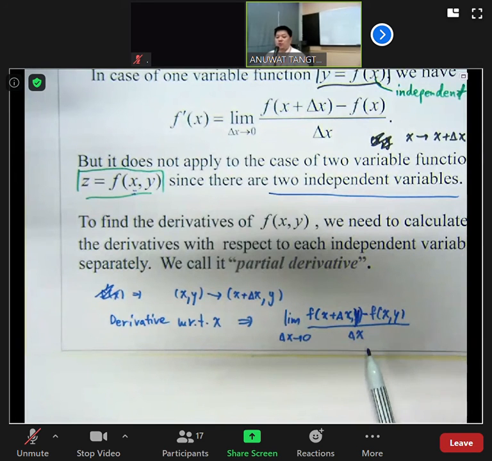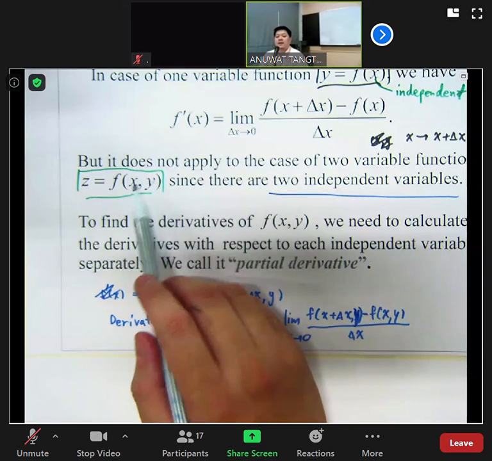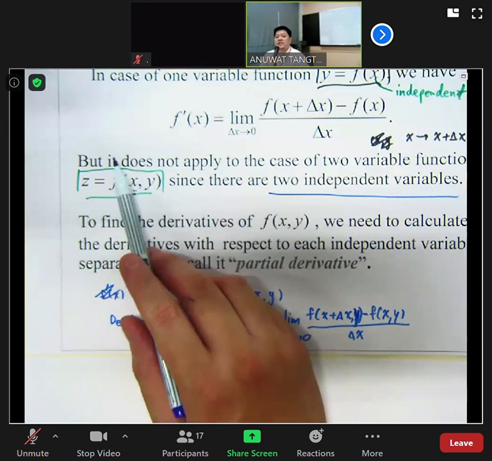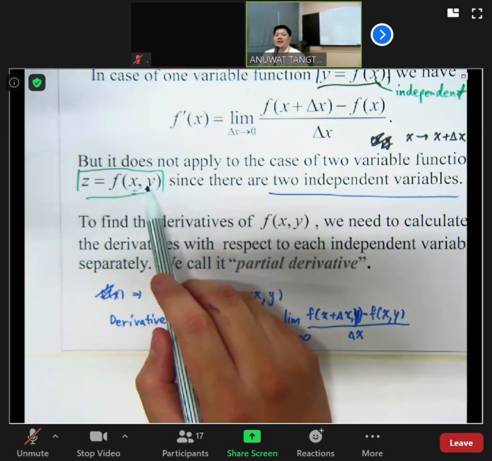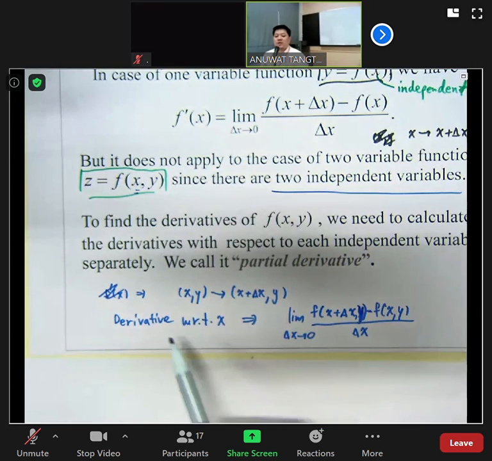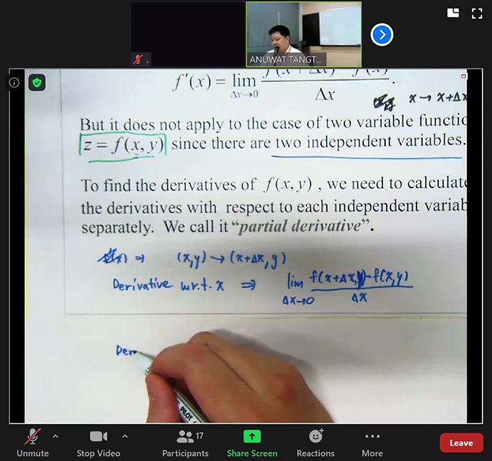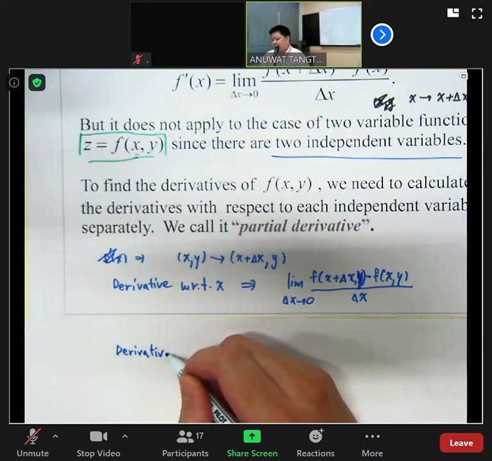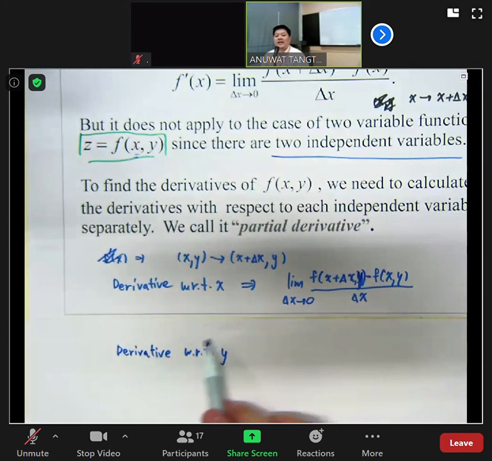We want to see how much the function is affected if x changes a little bit, namely whether the function is increasing or decreasing when x is changed a little bit and y does not change. That is what we call the derivative with respect to x. Similarly, if we want to find the derivative with respect to y, we want to know how much the function changes if y is changed a little bit.